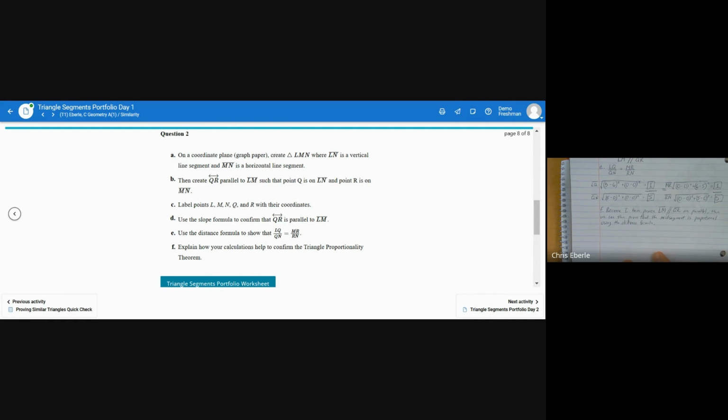Okay, so it's a nice way to kind of summarize the calculations that we've done here. So for F, again, you're just using that information to prove that those two segments are indeed parallel to each other.